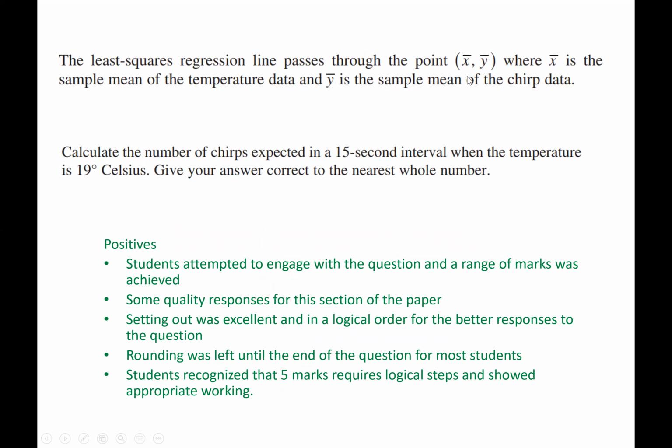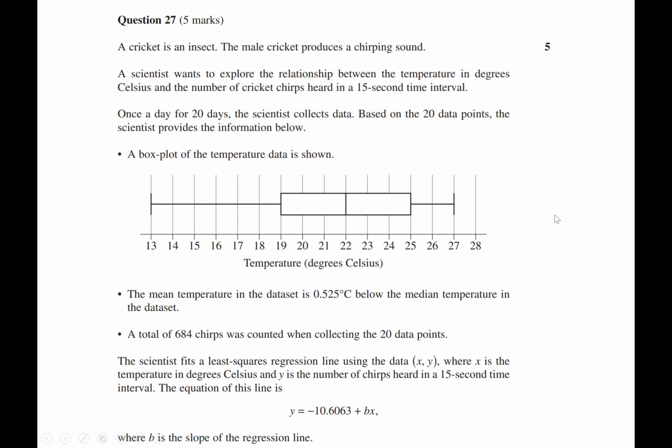We've got X bars, Y bars, 15, 19. There's a lot of stuff happening in this question. So when I first read this, I thought, okay, what is going on here? Next read, started to pick out a few bits and pieces.